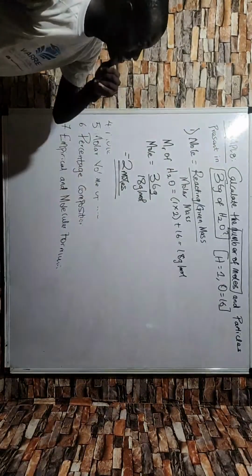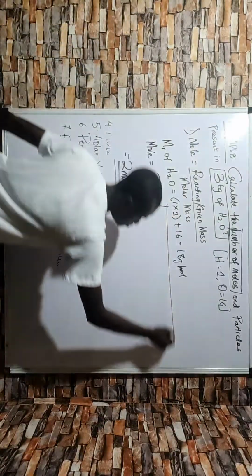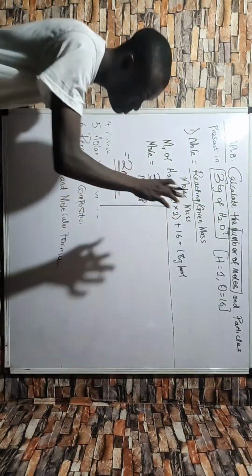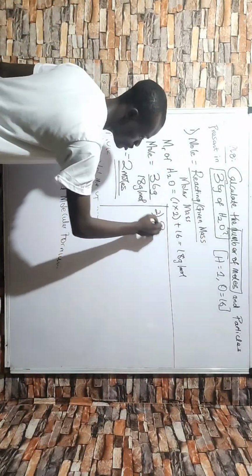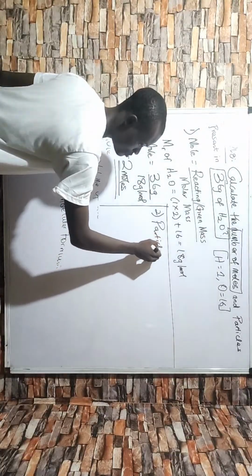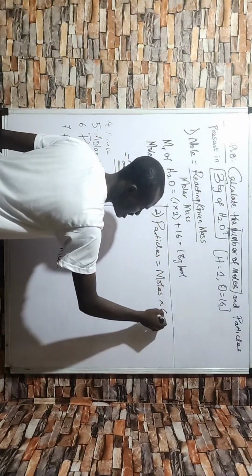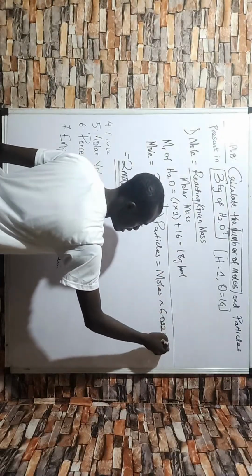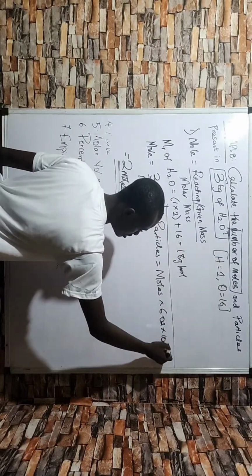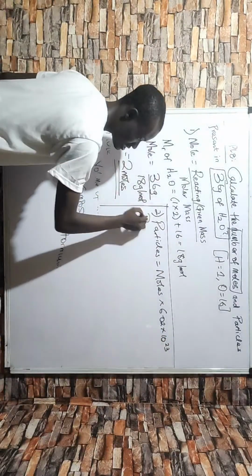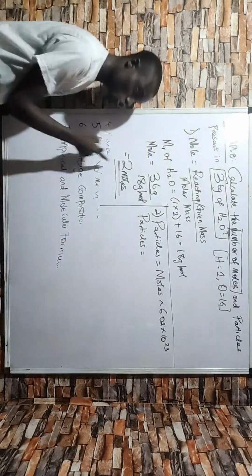Now the second part says calculate the particles, and I gave you a second formula. We can solve this part in 2 ways, but let's use the formula. For number 2, we know that particles is equal to moles times 6.02 times 10 raised to the power of 23. The moles are the number of moles which we have calculated.